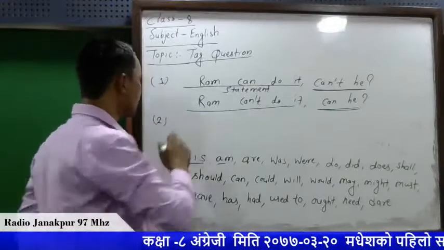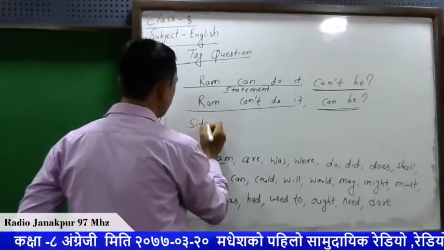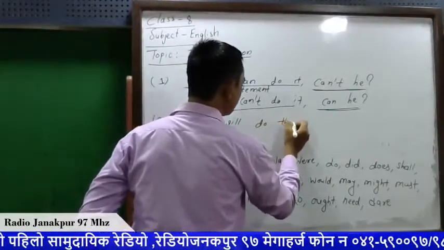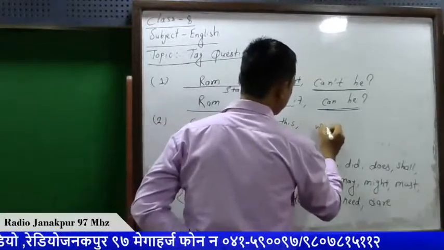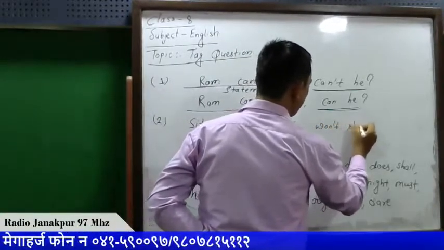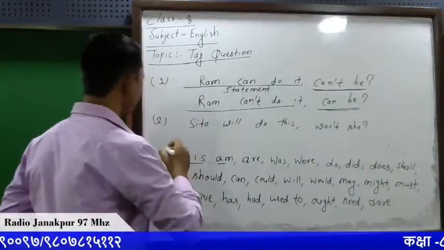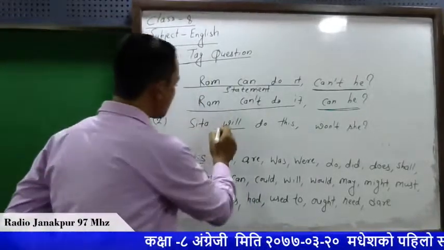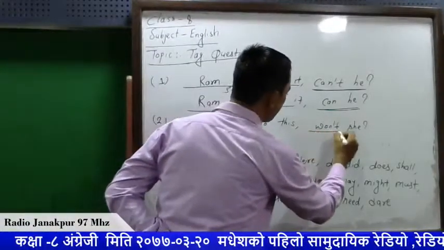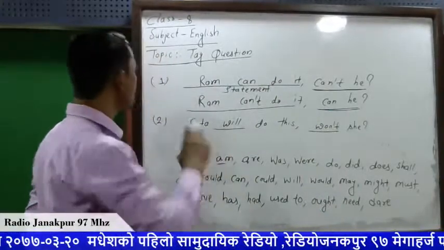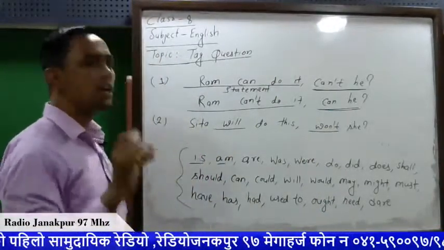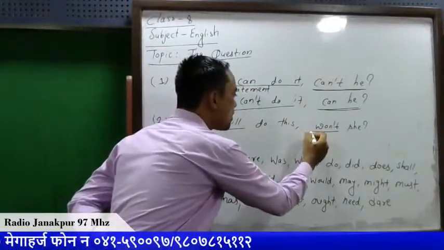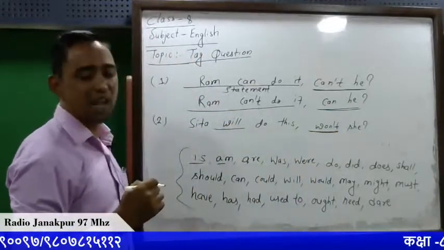For example, Sita will do this, won't she? Here will is the auxiliary verb and the same verb is repeated in the tag question, but we have to consider the first rule that if the auxiliary verb is positive in the statement, it should be written in the negative form in the tag question.